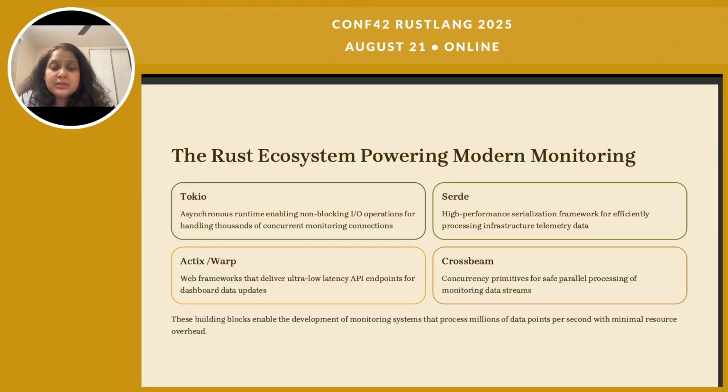Then zero copy serialization and deserialization for massive JSON, protobuf, or even Avro payloads, a low latency web framework that can deliver live updates to the dashboards, and Crossbeam, which provides safe concurrency primitives for multi-core scaling of this telemetry processing. With this tech, we can process millions of data points per second while keeping latency under control.